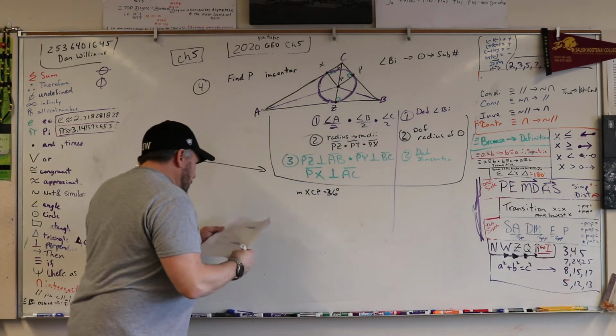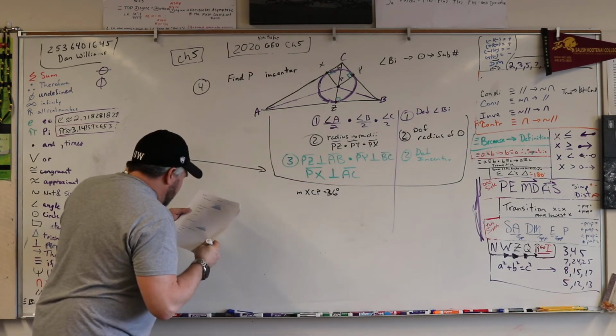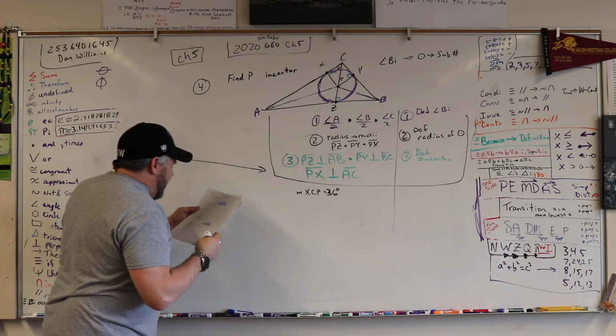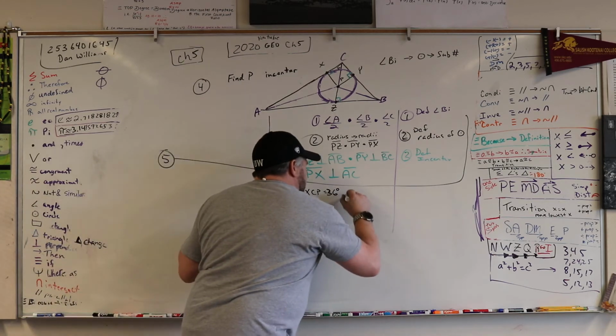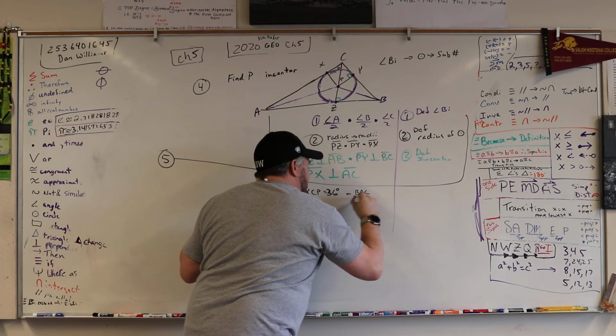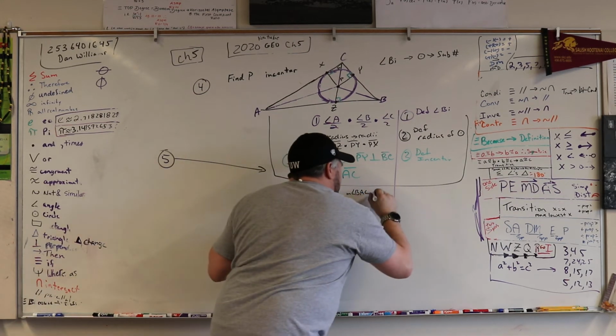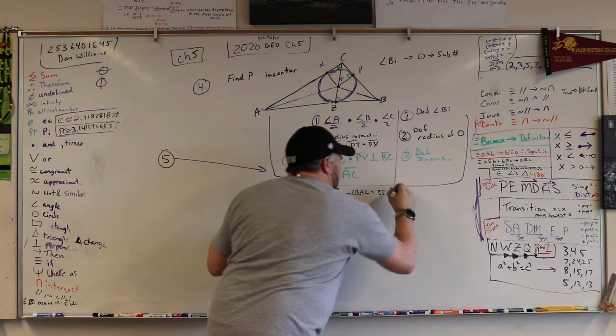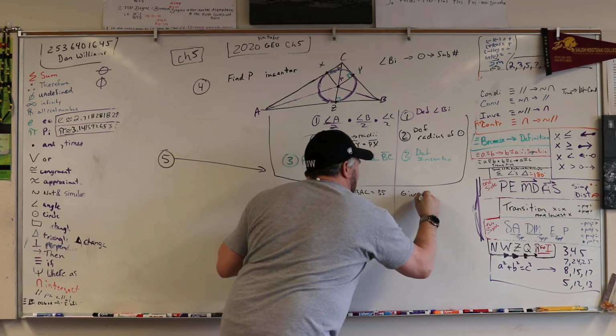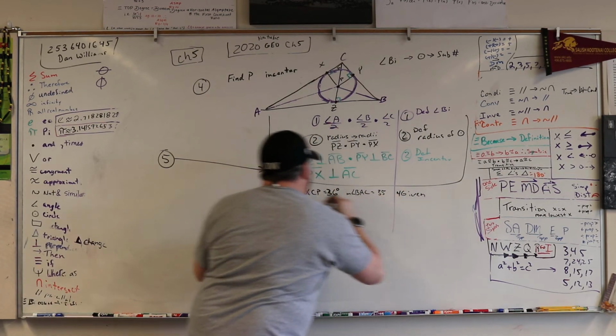Alright. What else? It says BAC is 25. So the measure of the angle BAC is 35. Okay? And this is given, right? And this is step 4.